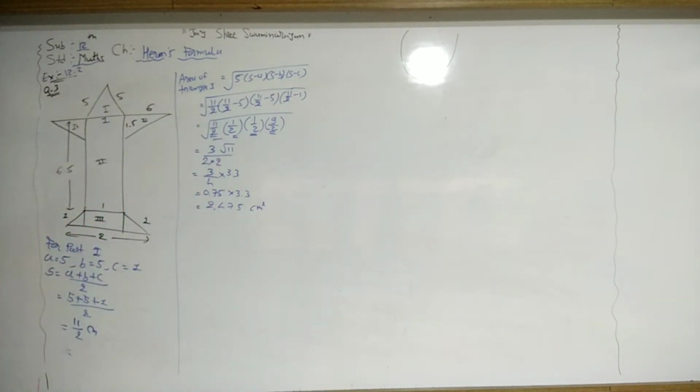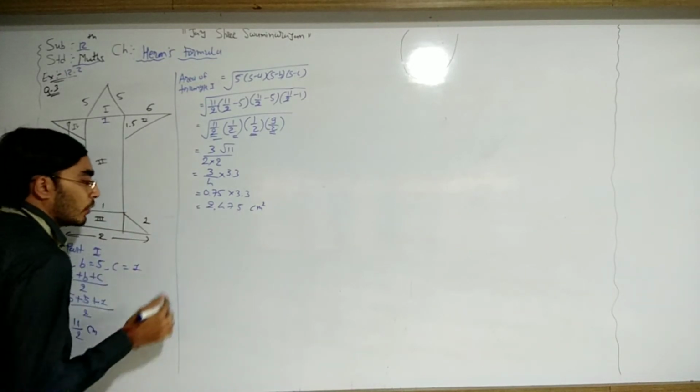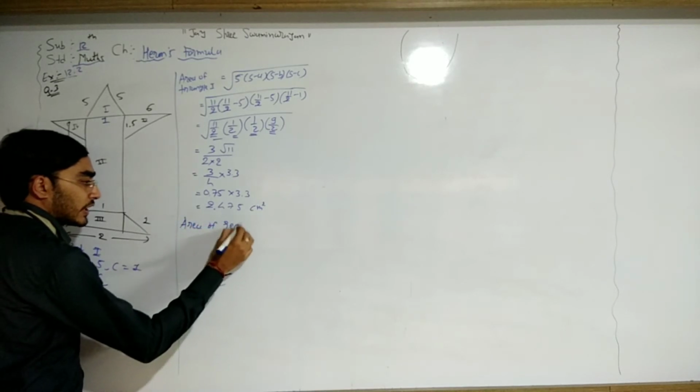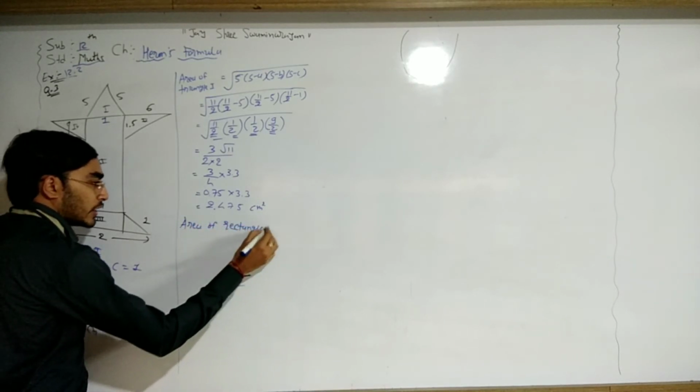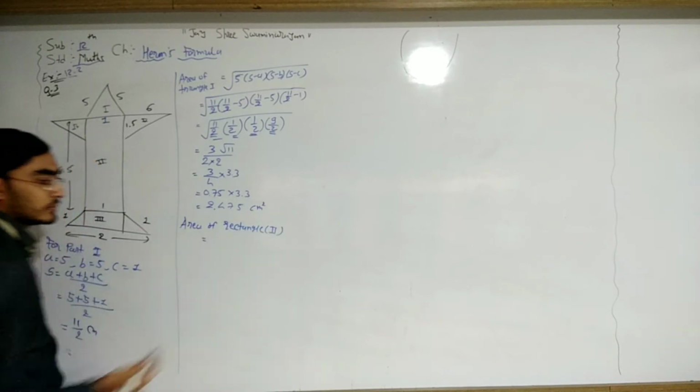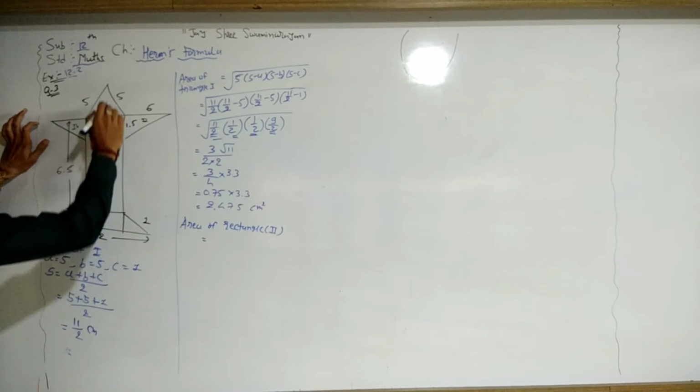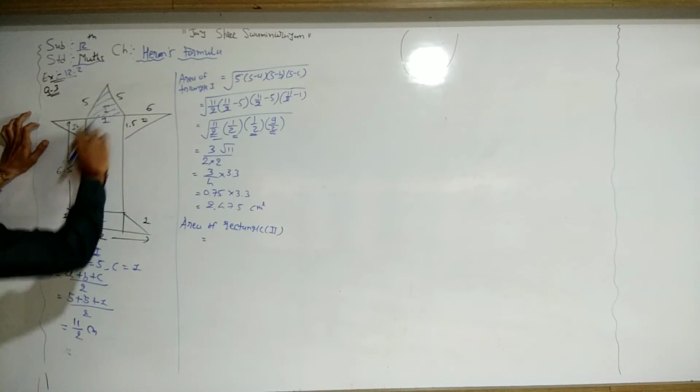So 2.475 centimeter square. This is the area of the first part. Now we need to find the area of part 2. Part 2 is one rectangle, so first of all we find this area.